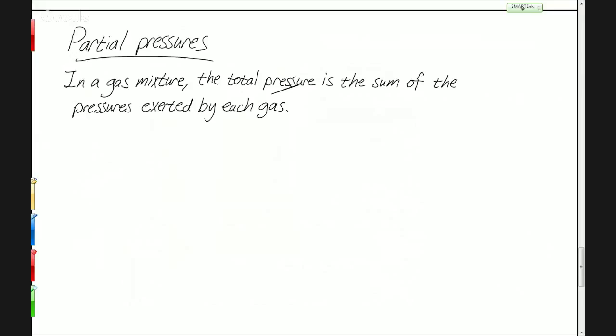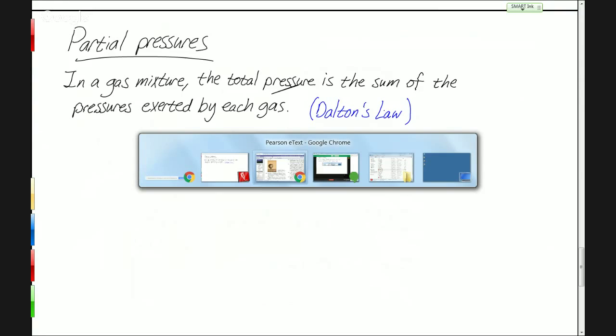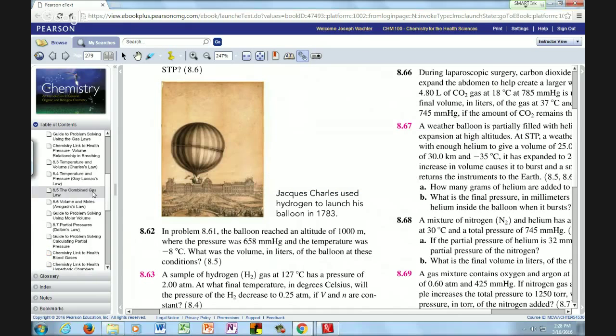And so we can say that the total pressure in the container is all of the individual gas pressures added together. And this is called Dalton's Law.